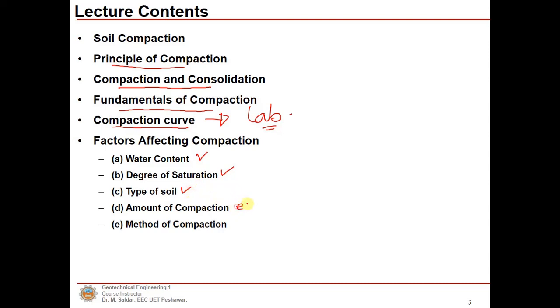Amount of compaction effort: if we are increasing the compaction effort, how the compaction, the unit weight, or the density of that soil will change. And we will also discuss the effect of the method of compaction on the density or the unit weight of the soil.